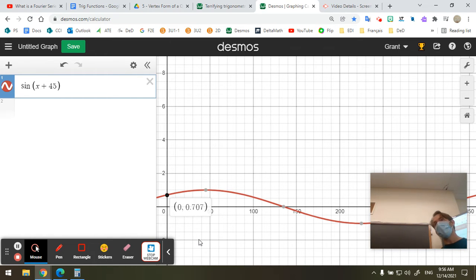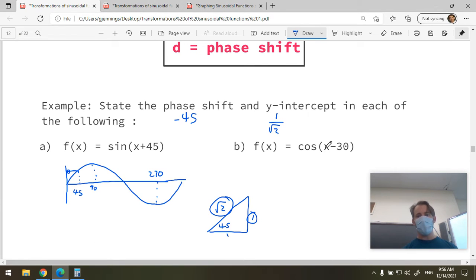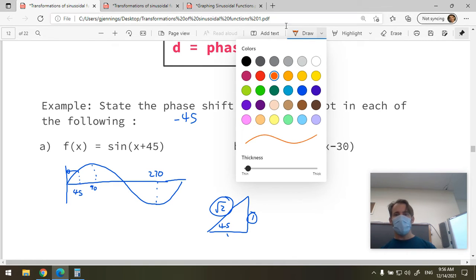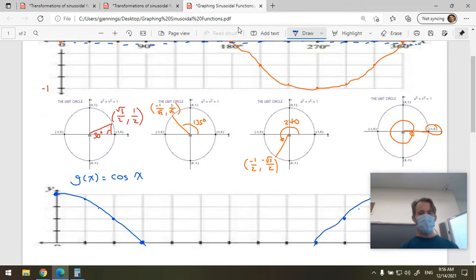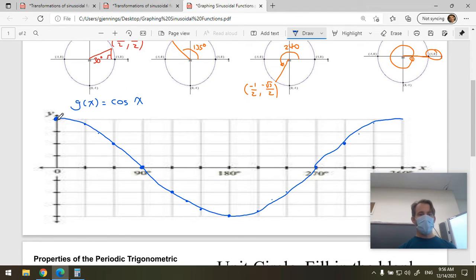Okay. Let's take a look at the next one, which is cosine of x minus 30. So again, visualize your function. We have it drawn out nicely over here. If we had this move this direction by 30 degrees, well, the continuation of this function on this side looks like this, right?